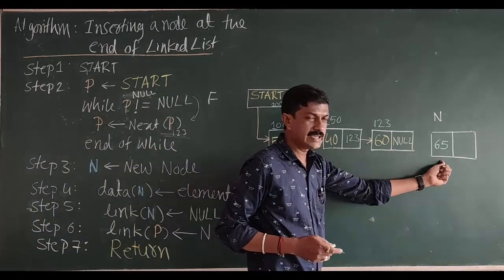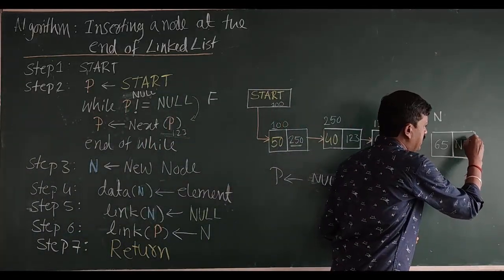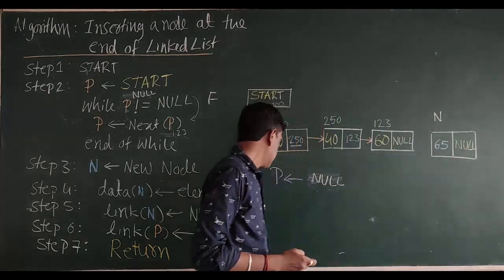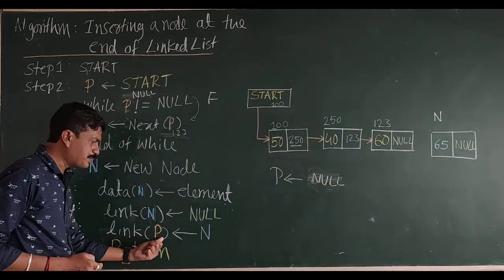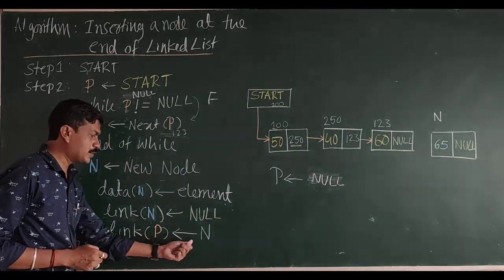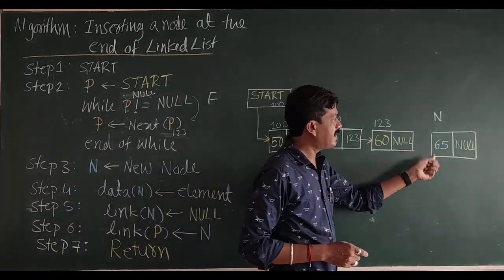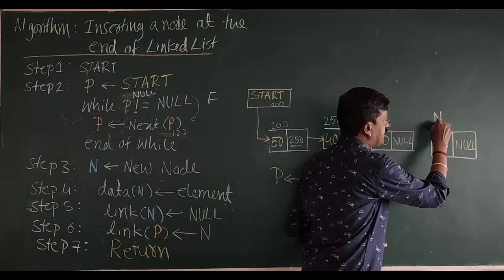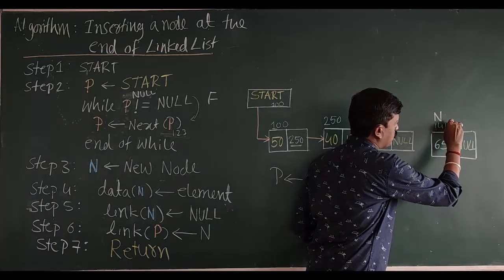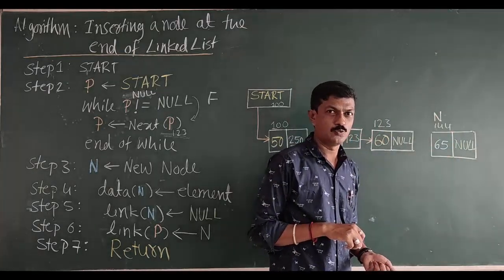For the newly created node, for the link part, I need to add a null value to that link part. Next, link of p equal to n. Link of p equal to n is nothing but, I created a node which might be created at a certain memory location, 144. I created a new node at memory location 144.